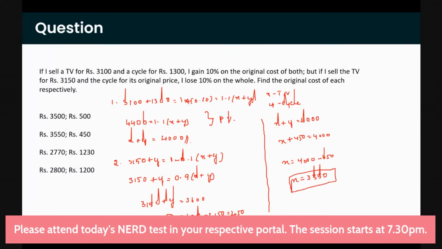Here x is the original cost price of the TV, which is 3,550, and y, the original cost price of the cycle, is 450. So the option that matches is option B, rupees 3,550 and rupees 450. So this is our value.